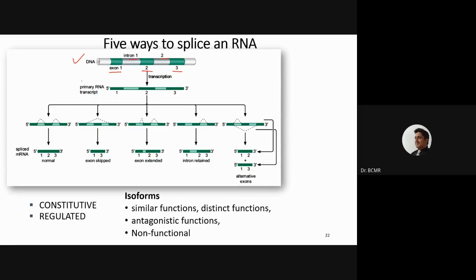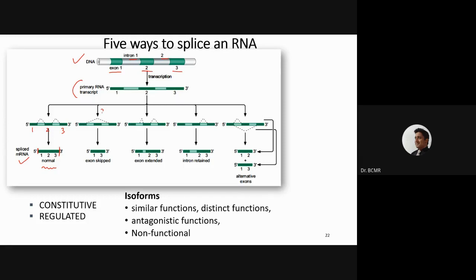Upon transcription, we have the production of a primary RNA transcript. And then there are at least 5 ways things can happen. First is what we consider normal, where exon 1, 2, and 3 are spliced together to produce a complete mRNA with a complete reading frame, start codon to stop codon.